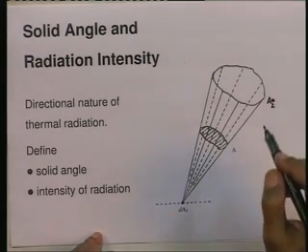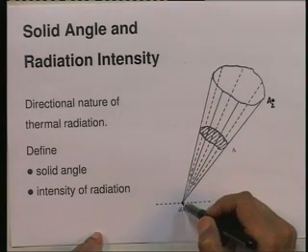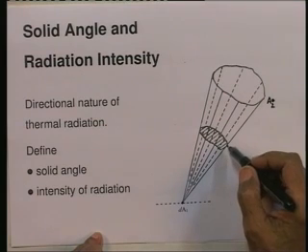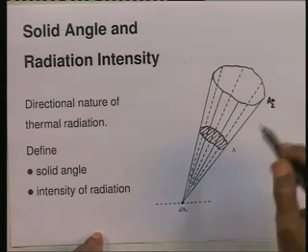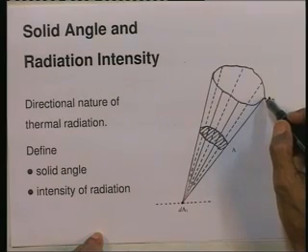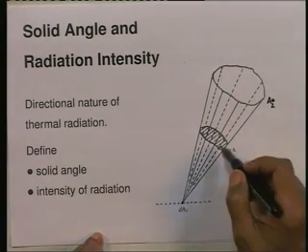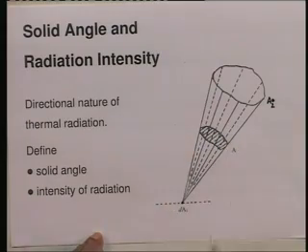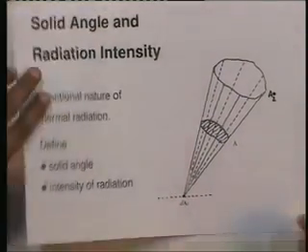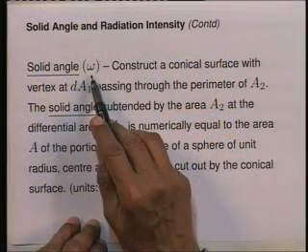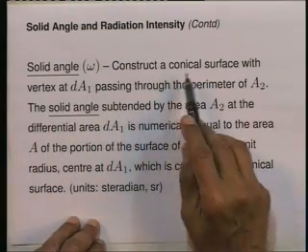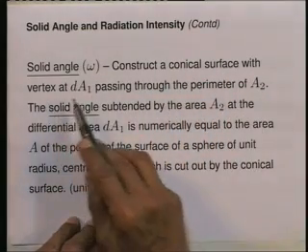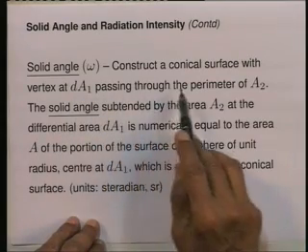The solid angle subtended by A2 at dA1 is numerically equal to A. Got it? So, let me now read out the definition which I have described to you. The definition of solid angle: we use the symbol omega for it, and say construct a conical surface with vertex at dA1 passing through the perimeter of A2.